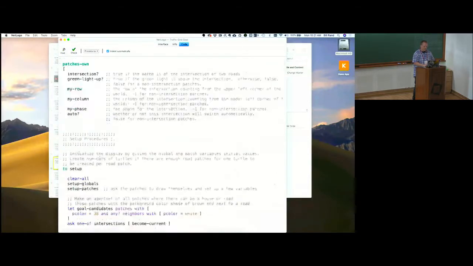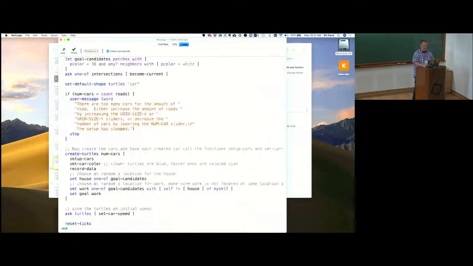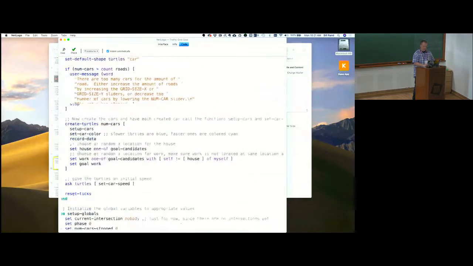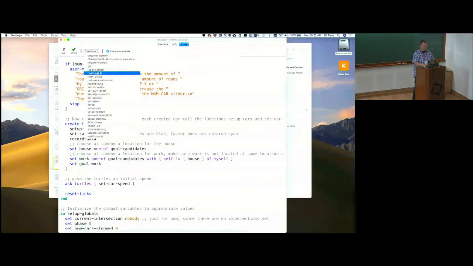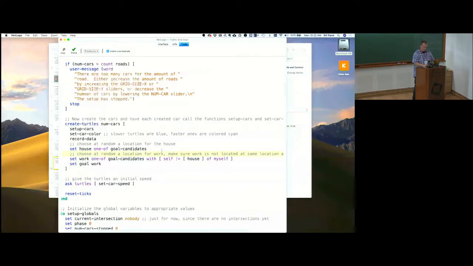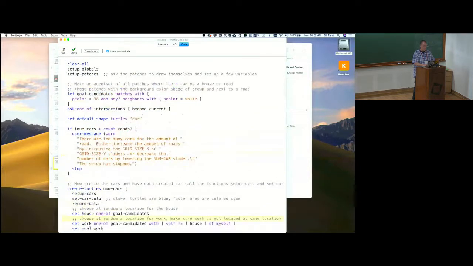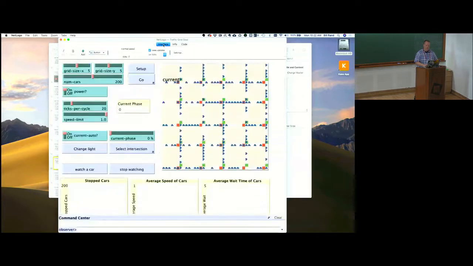And if you go down to the setup a little bit, you'll see the goal candidates. Where's goal candidates? It's up here. Goal candidates are any patches that are next to a road. So we don't want the house to be in the middle of this area, because then they're never going to go to their house. They can't get there.